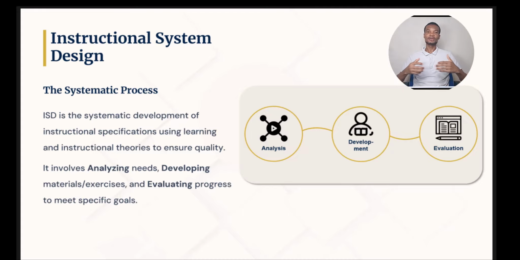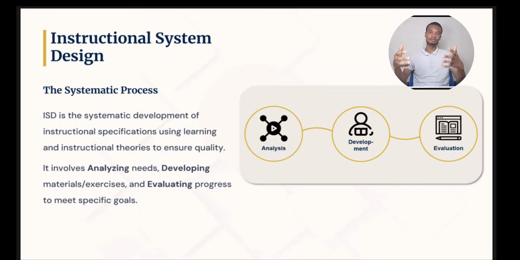You can further expand this flow to start from analysis to design to development, and then implementation between development and evaluation, because when you get to class or an instructional environment, you are there to implement the information you have collected through analysis, design, and development.